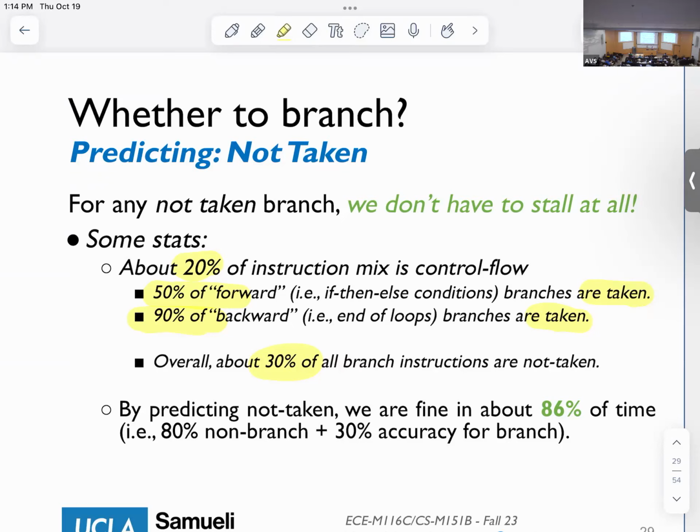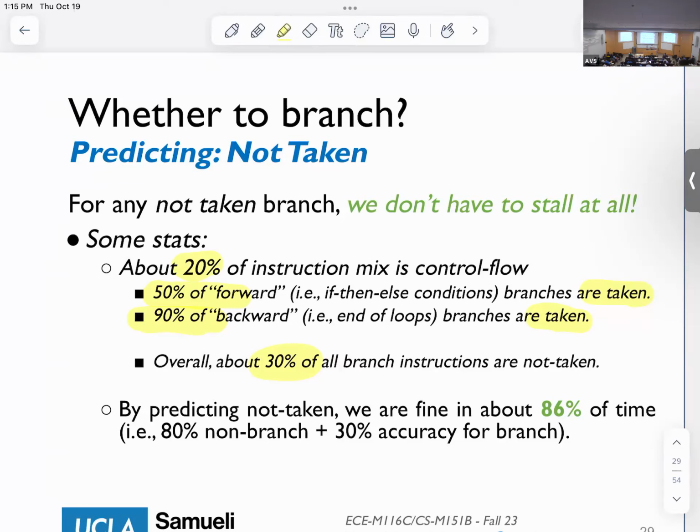And if you look back into the sequence of instructions, 80% of instructions are not taken at all because they're not even branches. There are loads and adds and so on. These are basically things that do PC+4, PC+4. Out of the rest of the 20%, about 30% of this is also not taken.